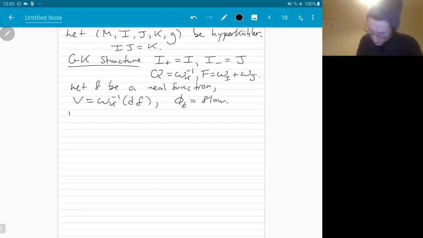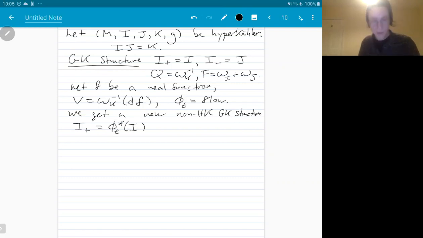Then we get a new non-hyperkähler GK structure, where for I plus, we take the flow of I. For I minus, we keep J. For Q, we keep omega K inverse.